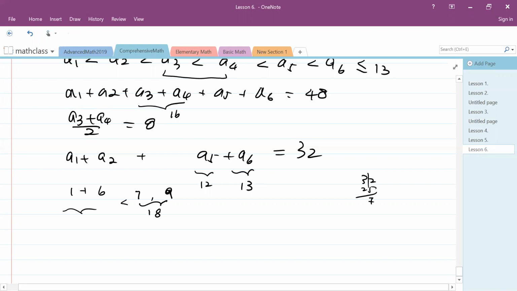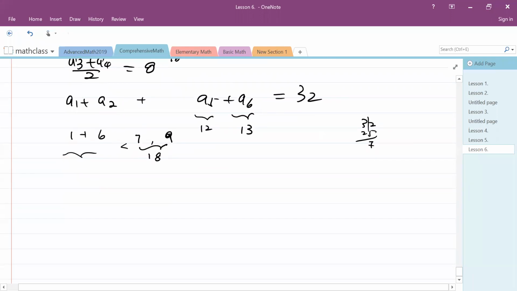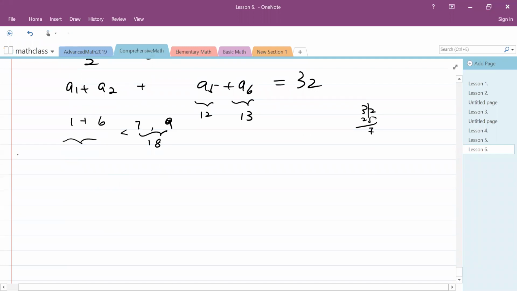All right, let's see the next problem. I'm trying to go over this coordinate geometry. Let's go back to this.